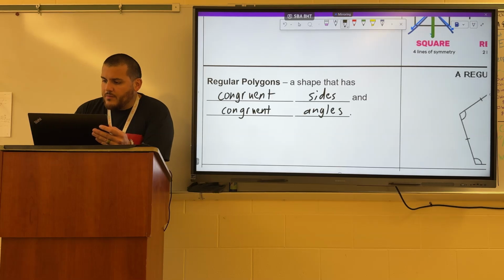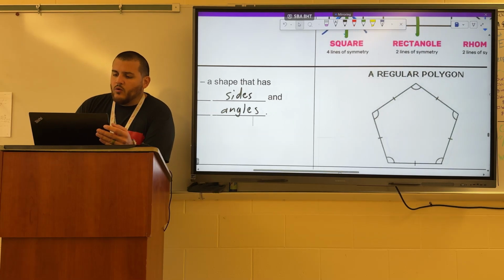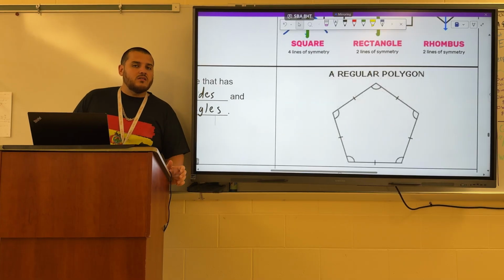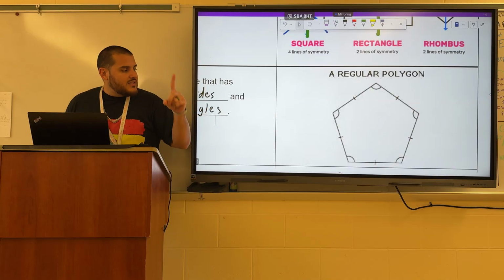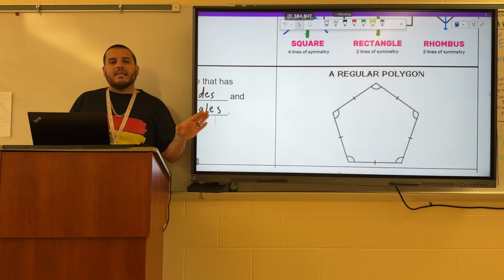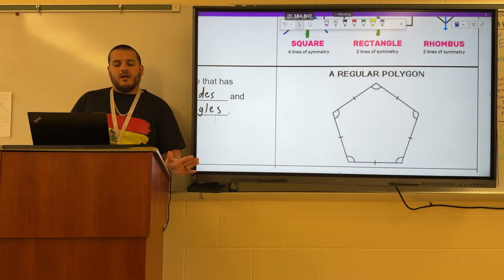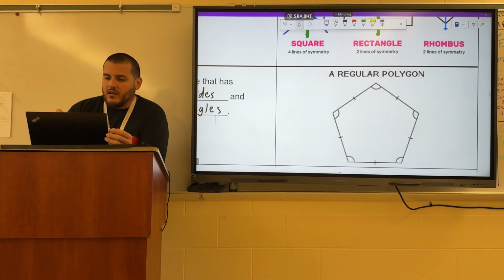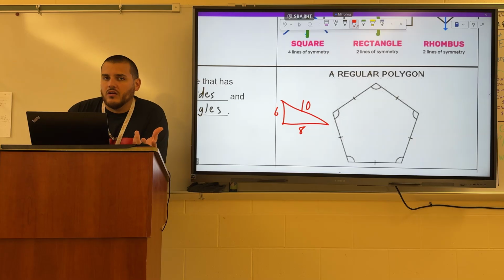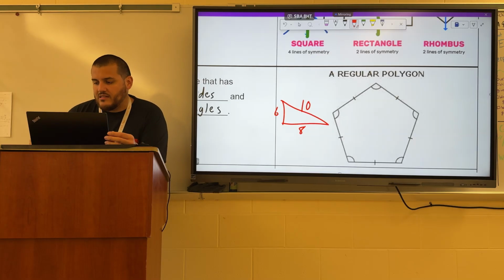So as an example, we have over here a regular polygon. Notice that all the angles have the same amount of arcs, telling me that the angles are congruent. All the sides have the same amount of dashes, telling me the sides are congruent. That makes this a regular pentagon. Just for clarity, this is a triangle, but if I say it's a 6, 8, 10 triangle, it's not a regular triangle because the sides are not the same length.